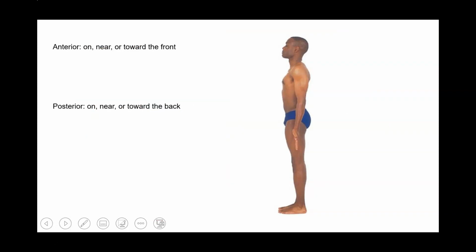We're going to approach them in pairs. The first word is anterior, which means on, near, nearer to, or towards the front. Something that happens in anatomy is oftentimes there's more than one term for the same idea, and in human anatomy, another word that means the same thing as anterior is ventral.